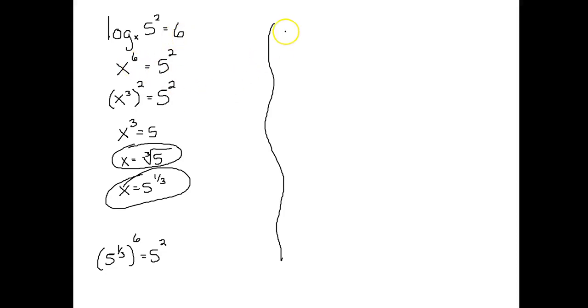Well, let's do one more of these. This one looks like fun. Log base 1/4 of 16 squared over 2 to the negative 3 equals x. Oh boy.